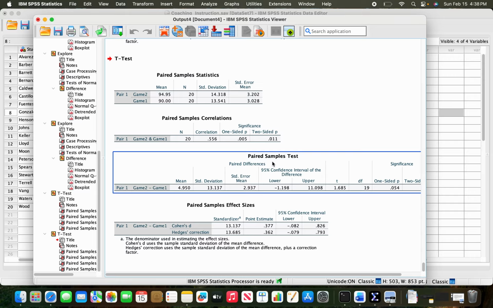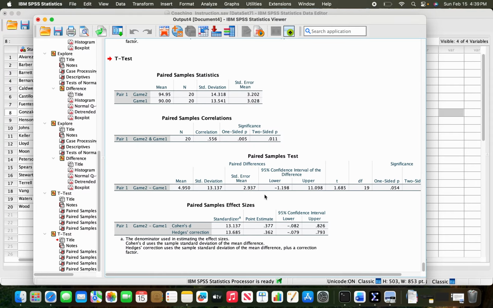We're looking at the 95% confidence interval here, and what's very interesting about this is that when you're looking at bowling scores, if you're looking at the impact of this training, it is well within the 95% confidence interval that you might actually do worse, because you're looking at lowering your score by 1.198 points.